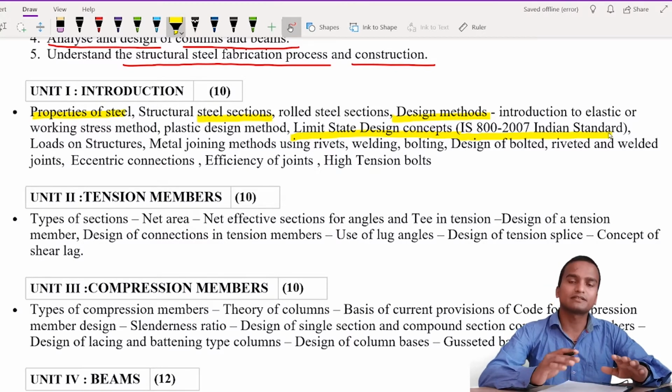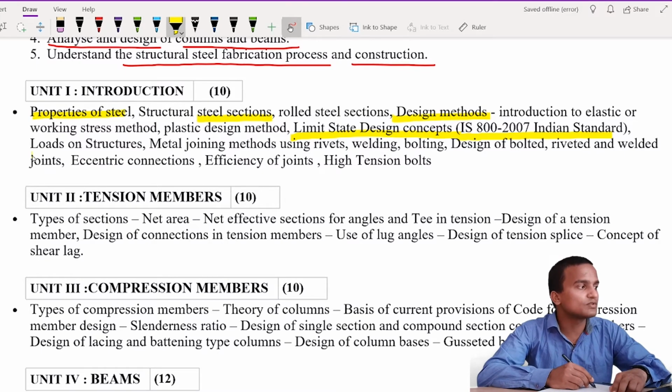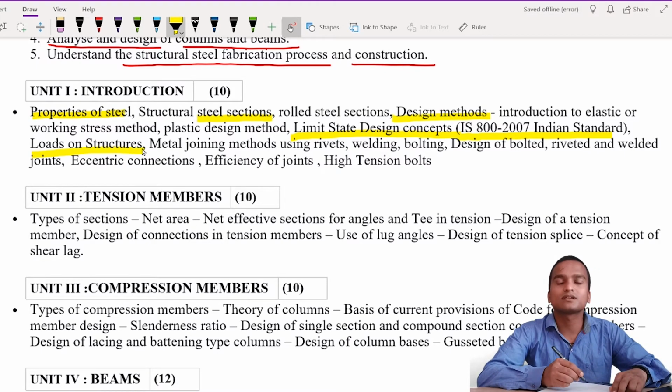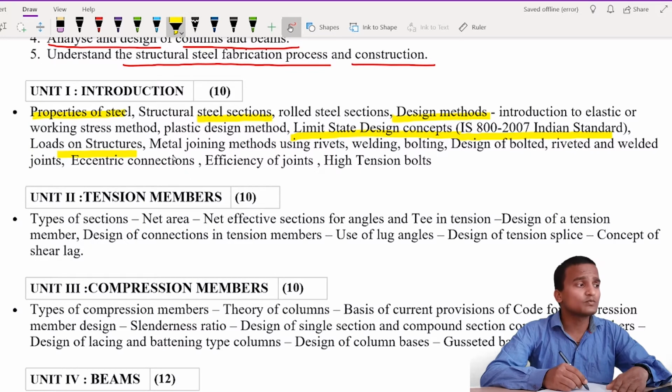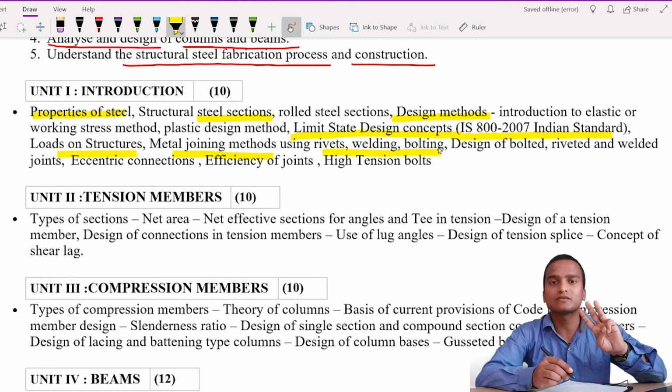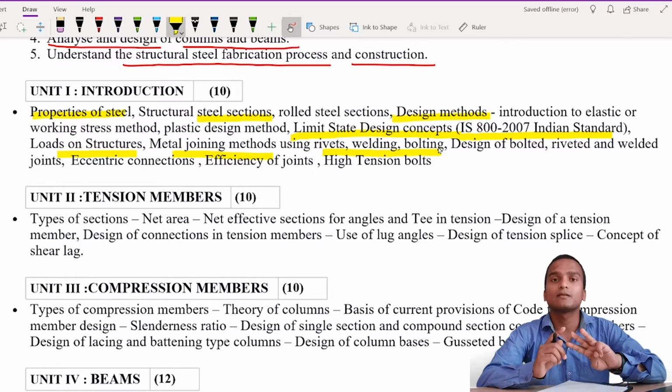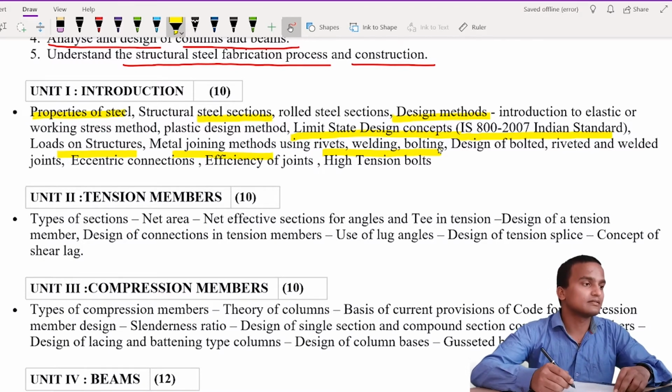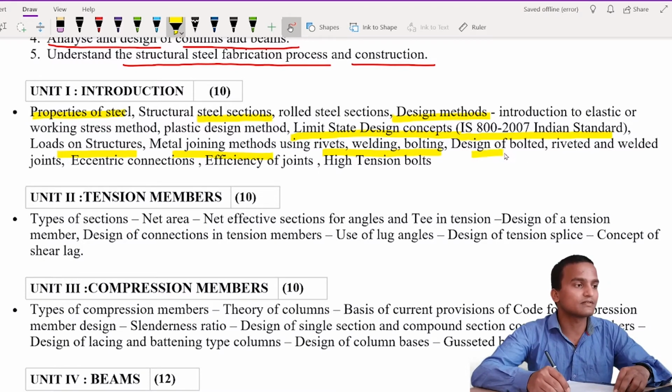And after discussing this design philosophy, we will discuss the different loads that come on the structure, and different kinds of joining methods like rivets, welding and bolting. These are the 3 methods of joints: riveting, bolting and welding. And we will learn these different kinds of connections.